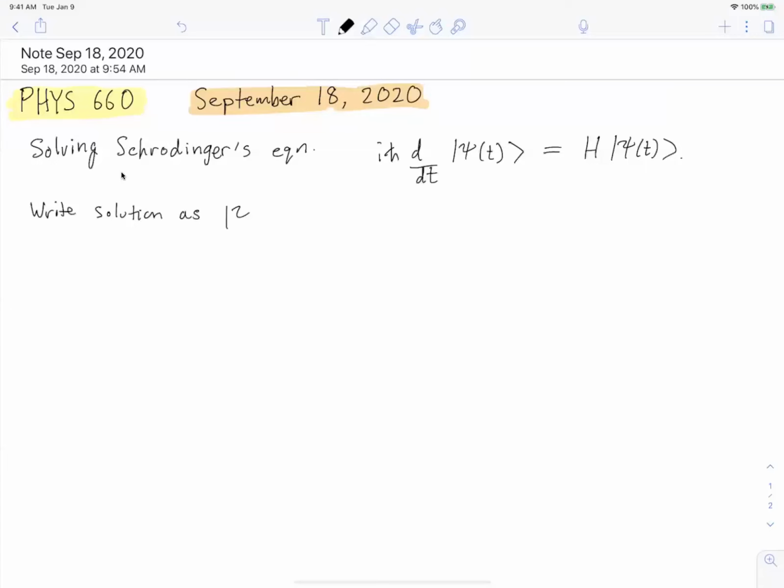We're going to write psi of t, the thing we're trying to find, as an operator, U of t, acting on what we're going to be given, psi of 0. So somebody gives you the wave function at time t equals 0. That's your initial state.